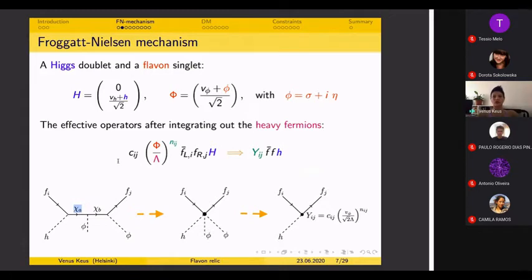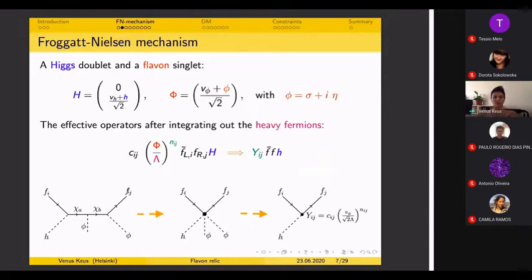Your Yukawa Lagrangian comes from a higher order operator, which has the flavon in it to some power, depending on how many flavons couple to your standard model fermions. And these heavy fermions, which we integrate out, leave only one trace at low energy: the scale of new physics, which is proportional to their mass. Then your standard model Yukawa interaction is written like this.